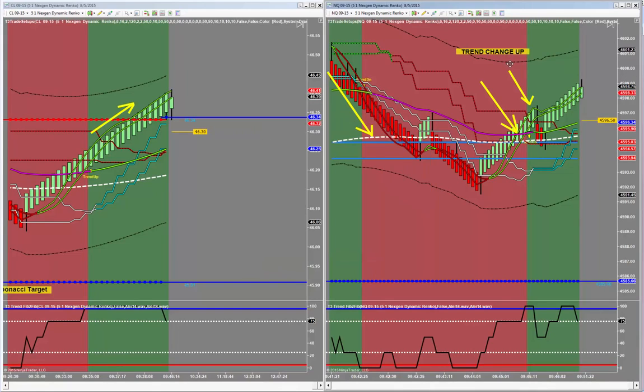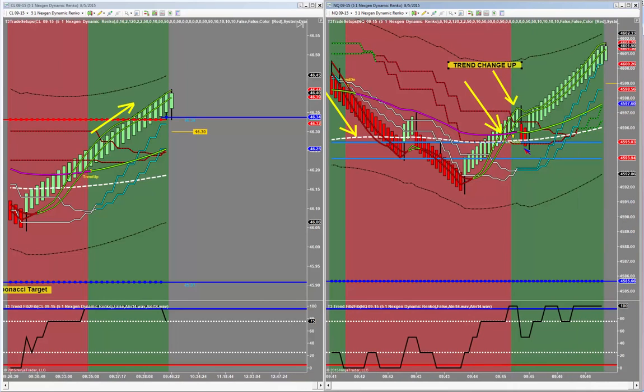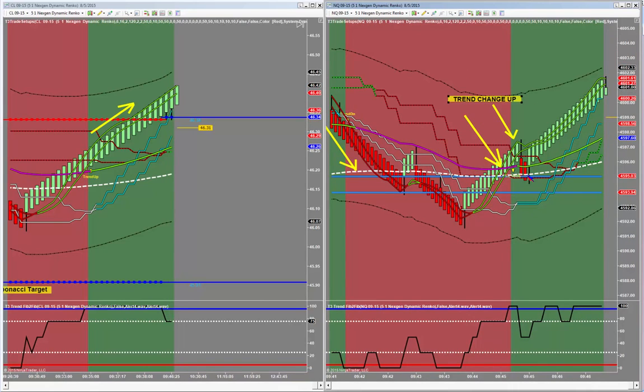This is what we're talking about with a trend change to the upside. When the small triggers physically get above your area, you have a trend change to the upside. Sorry guys, sometimes it takes me a minute to write it on there and talk about it, but you can see it, right?